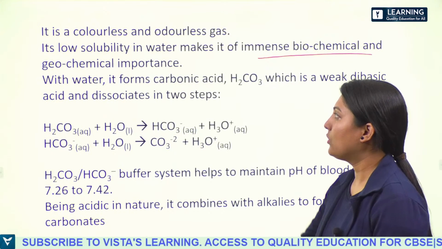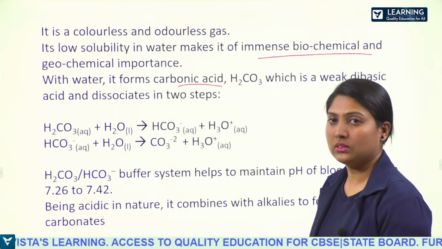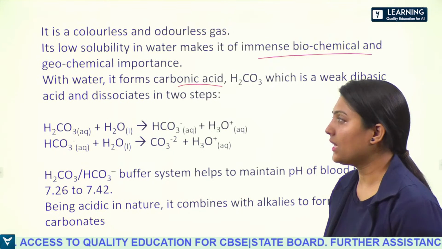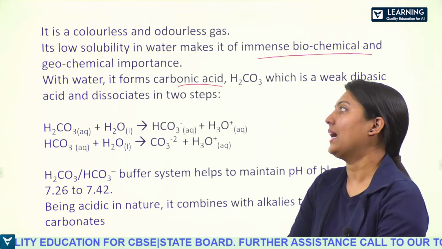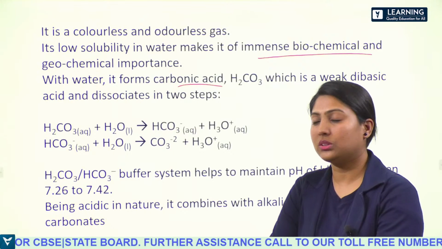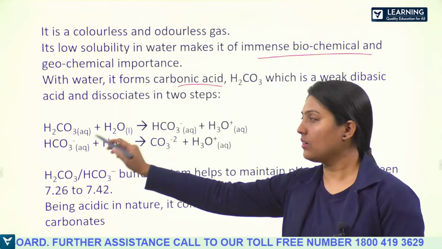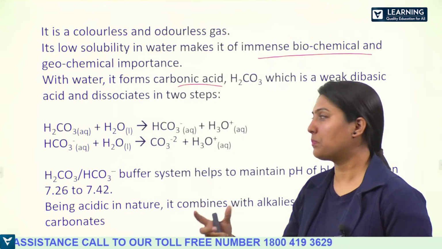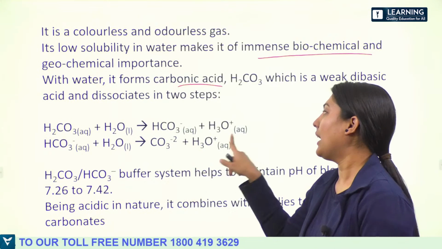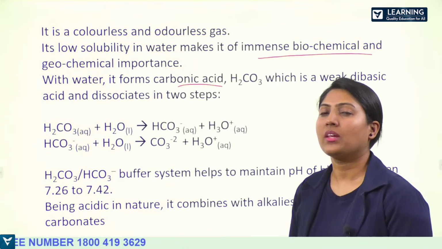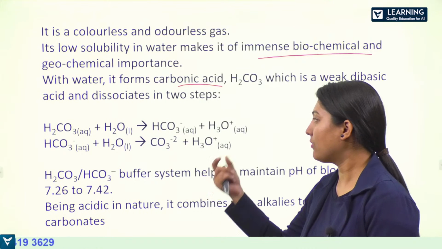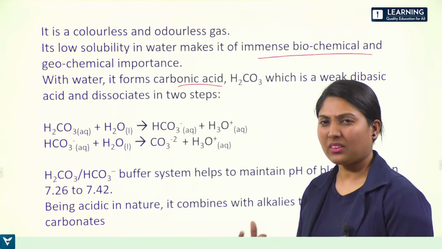With water, it forms carbonic acid, H2CO3, which is a weak dibasic acid, and it dissociates in two steps. So carbonic acid, when treated with water, splits into bicarbonate, and it can also form carbonate. So you have two ions.